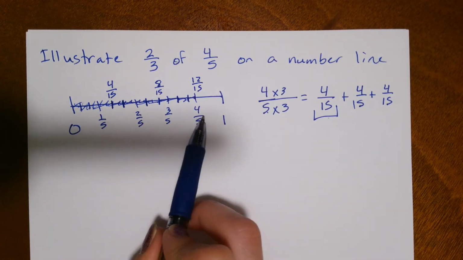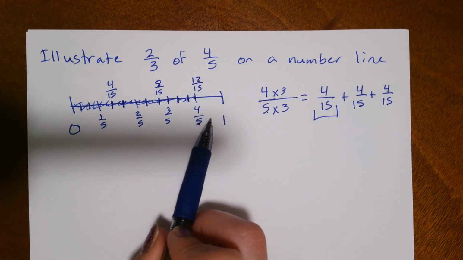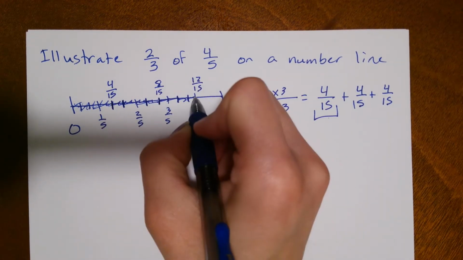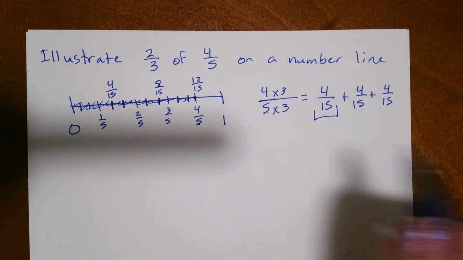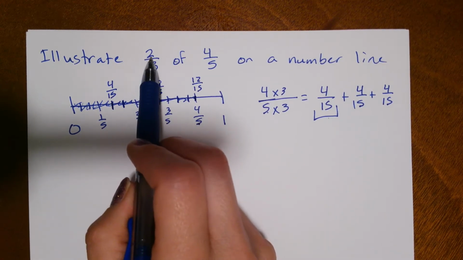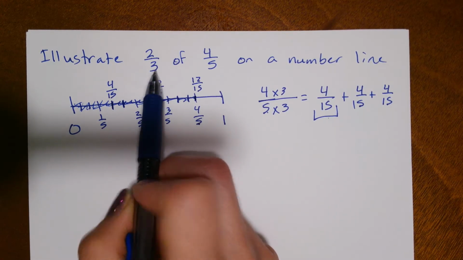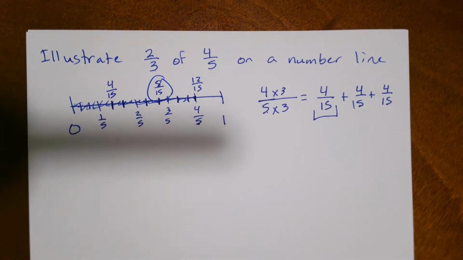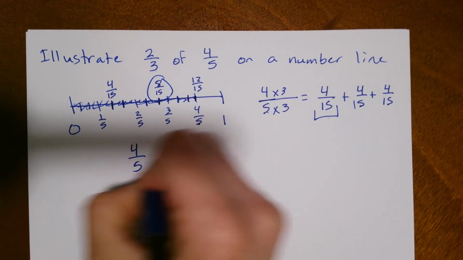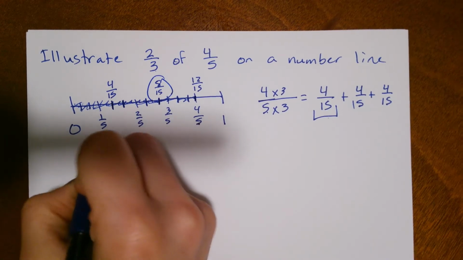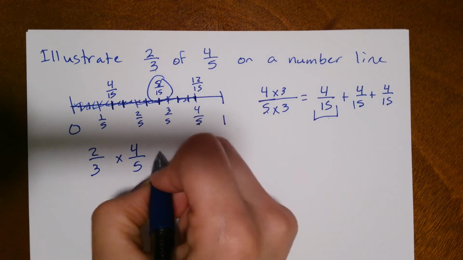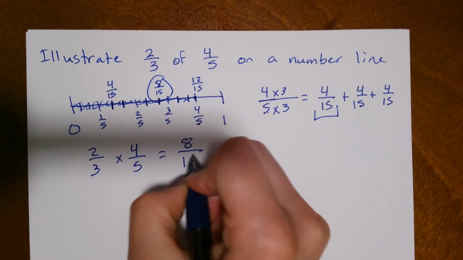So I have my 4/5 broken into 3 equal pieces: 4 15ths, 8 15ths, and 12 15ths. And what I wanted was 2 of those 3 pieces. Well, here's 1, 2. So 2/3 of 4/5, or 2/3 times 4/5, we know is equal to 8 15ths.